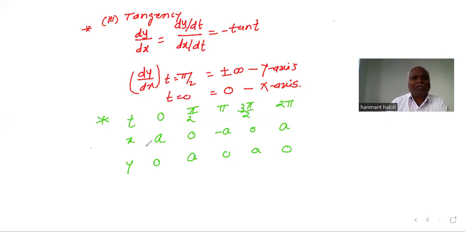Okay, now you get values of x and y like this, and from that you can construct the curve. Now I'll construct the curve here. The curve is symmetric about both axes. This is x-axis, y-axis, x dash and y dash; the axes you can make as arrows.